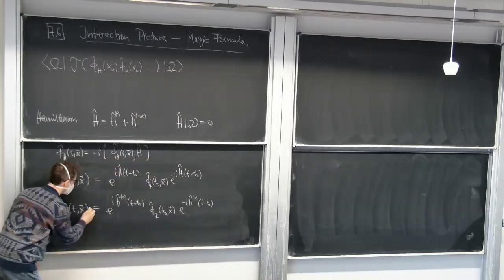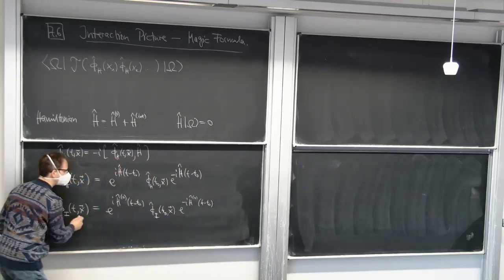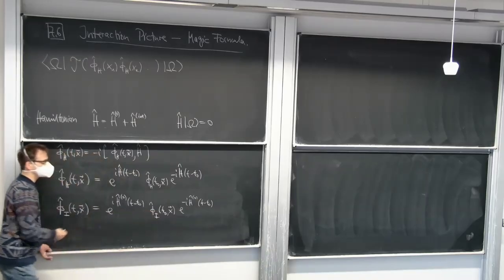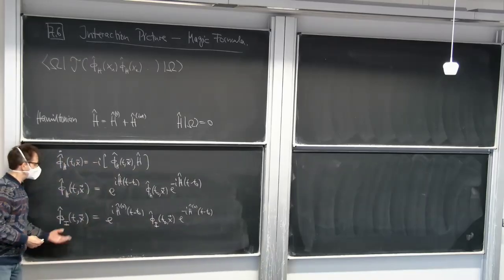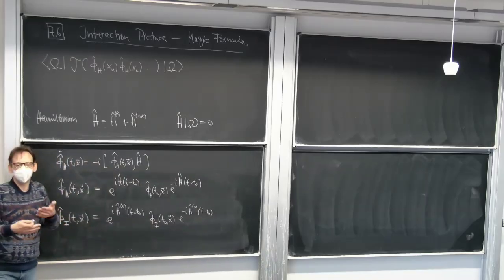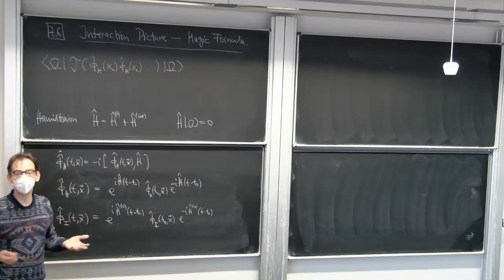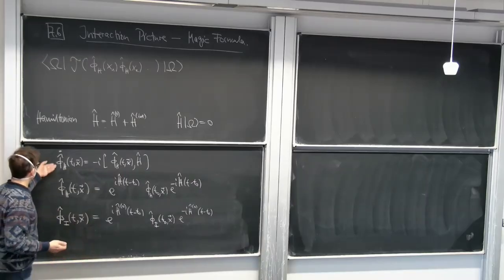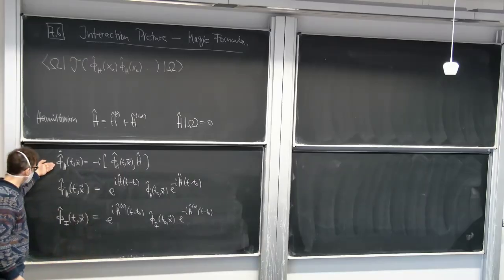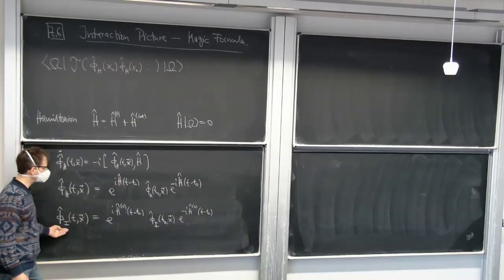Okay, so this is what we define. We define the phi I so that it has this evolution. That is not an equation of motion that is given to us by the general canonical procedure. This is the one that we introduce as a new field, and we want this.